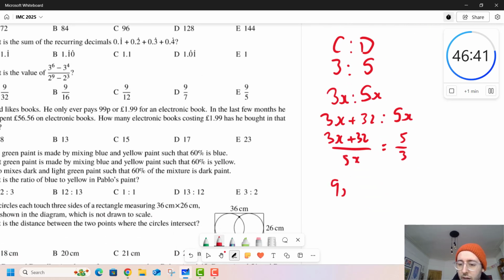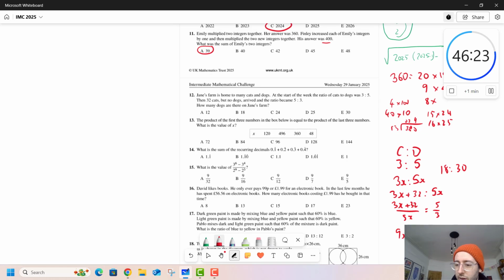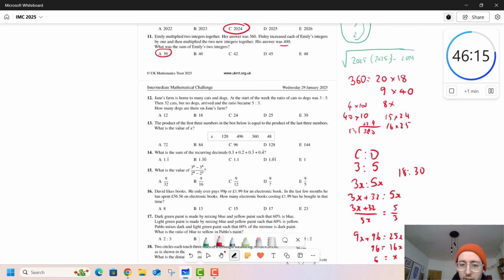So 9x plus 96 equals 25x. 16x equals 96. x equals 6, I think. So originally it was 18 to 30. And then we add 32. It goes to 50 to 30, which is 5 to 3. So how many dogs are there? There's 30.